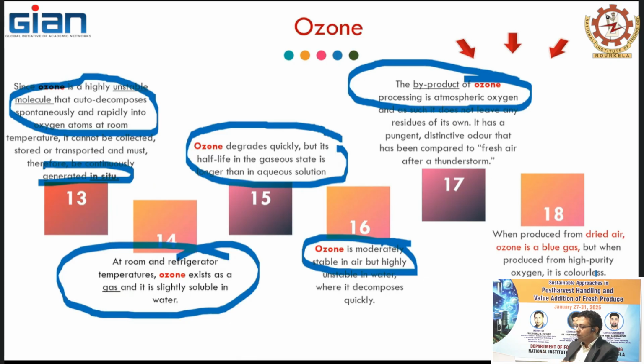In the ozone generator, when we use air, the idea is to get dry air, and at that time the ozone is a blue gas, the color looks like blue. And when you make the ozone directly from O2, pure oxygen, it is colorless.